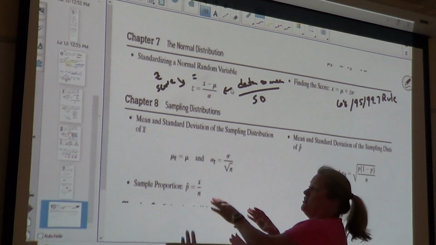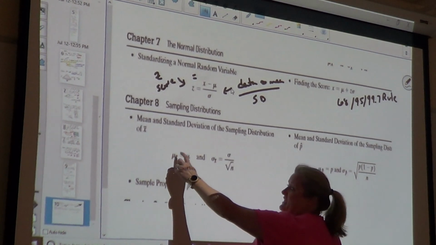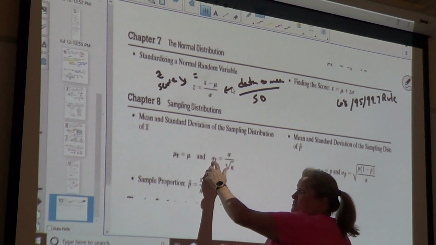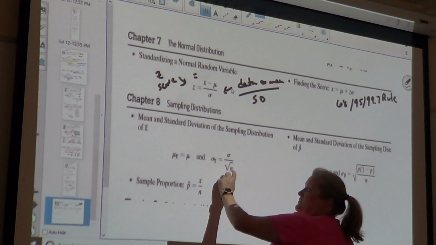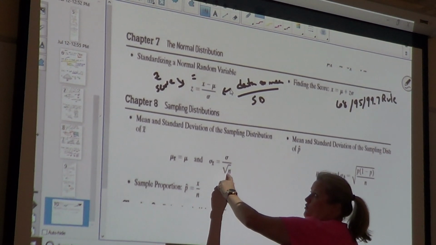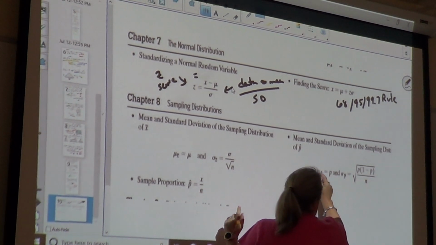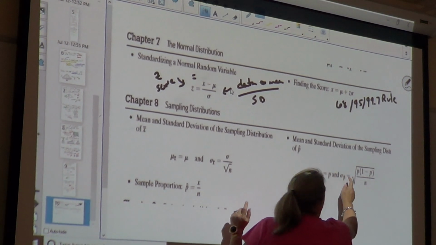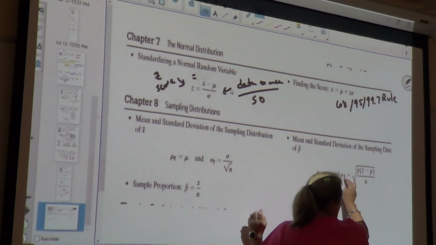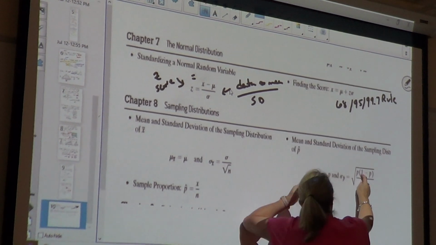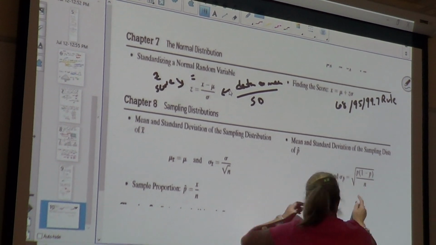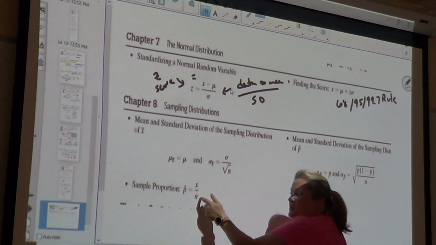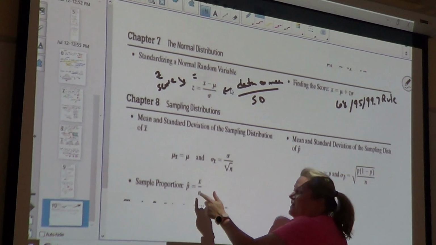Now, down here, this is saying that your mean is always going to be your mean. Your new standard deviation is going to be your old standard deviation divided by the square root of the size of your group. Over here, your mean is going to be your P, or your percentage, and your standard deviation, when you're talking about percentages, is going to be the square root of P times 1 minus P over N. And this is saying, if it's not in a percentage, do X over N, like that 275 over 600.